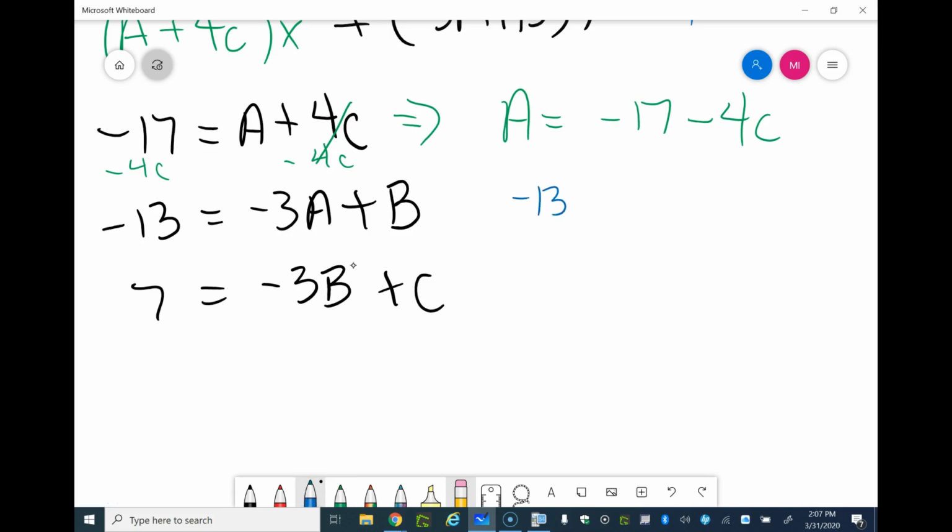So negative 13 is equal to negative 3 in parentheses, negative 17 minus 4C plus B. So I took this whole equation here, replaced it with the A, and now I'm going to simplify this equation.